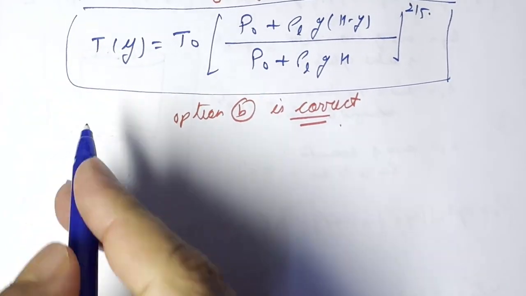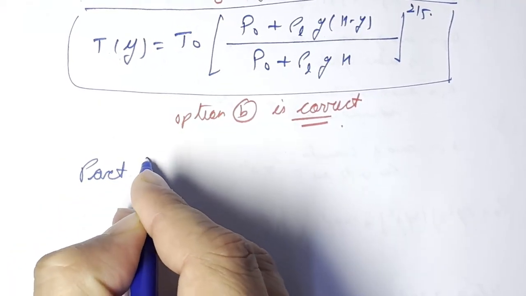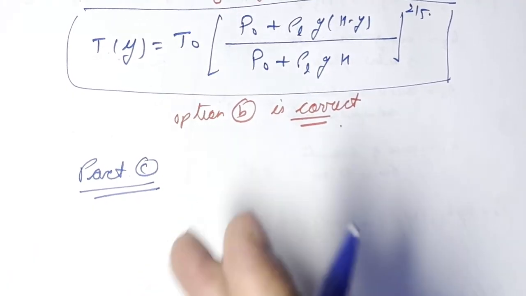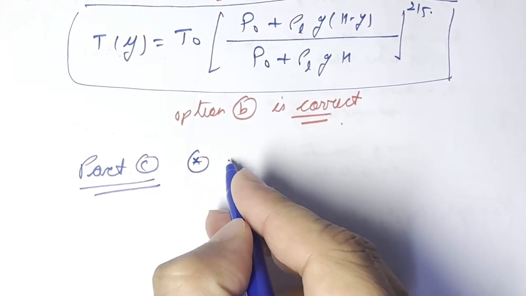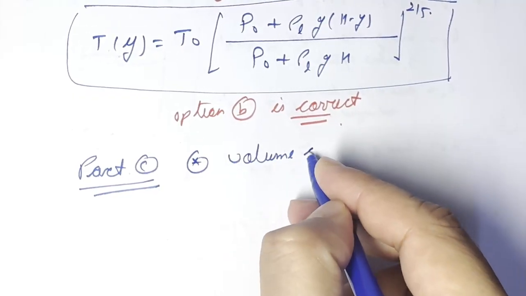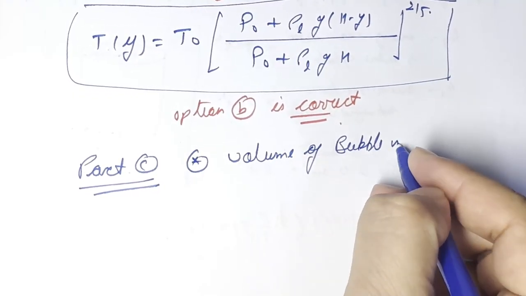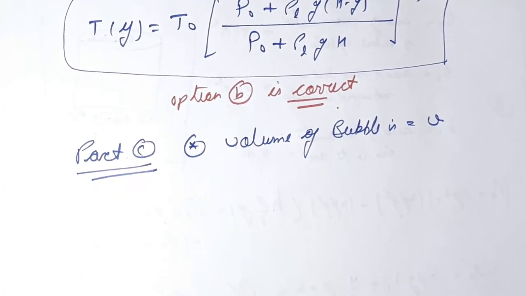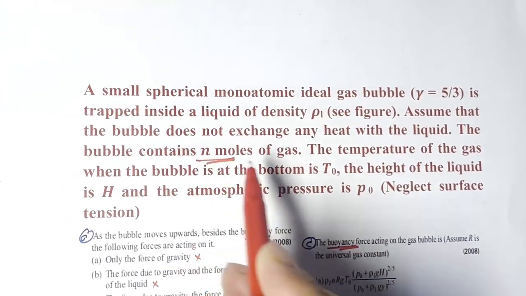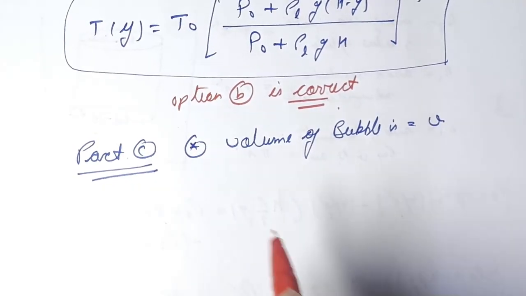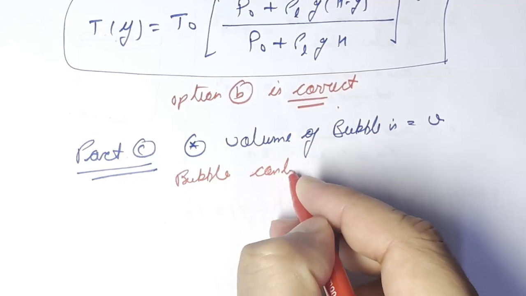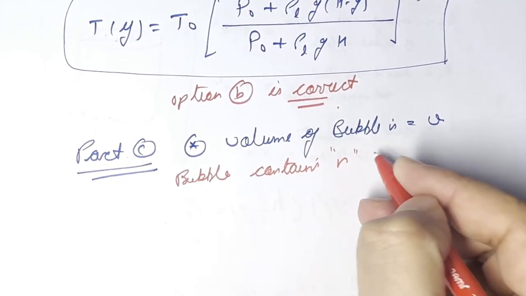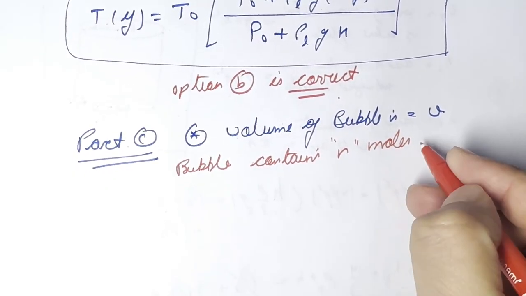So we start with part C. We say let the volume of the bubble be V, and it is given that the bubble contains n moles of the gas. It is given in the question itself.